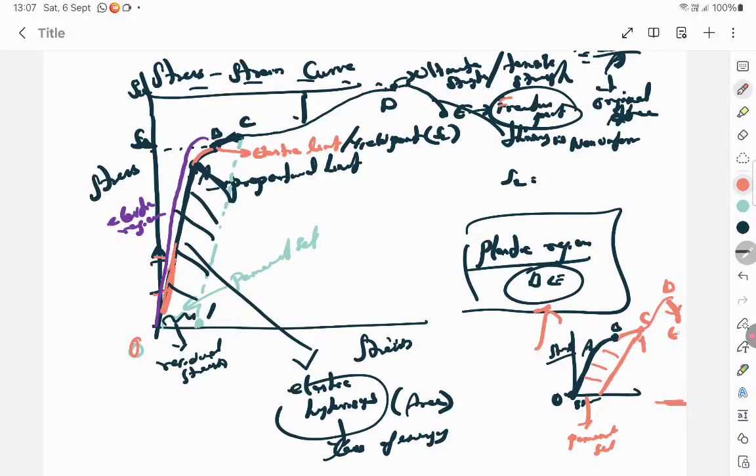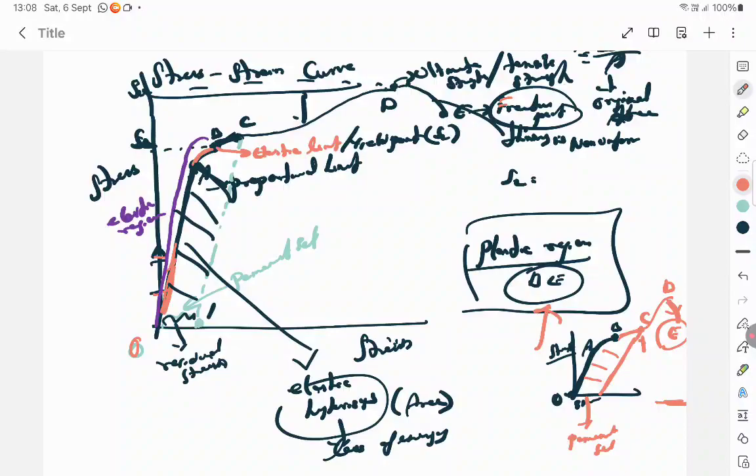At E is the fracture point, when it will completely break. Between D and E, the area will be non-uniform. Imagine a rubber band, or rather a metal wire, which has a neck and waist, where one part will be thick and one part very thin. That's this DE part, when the area becomes non-uniform.